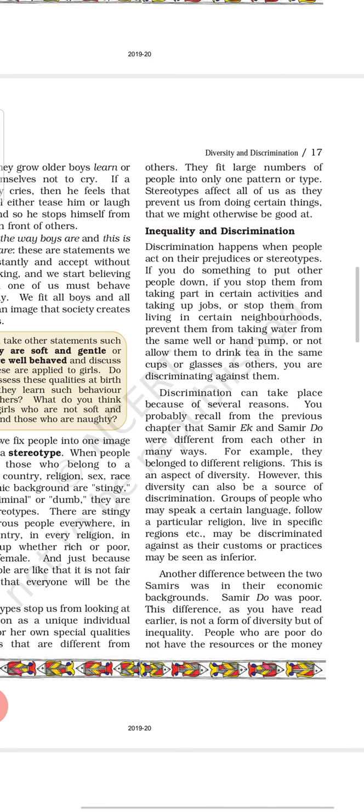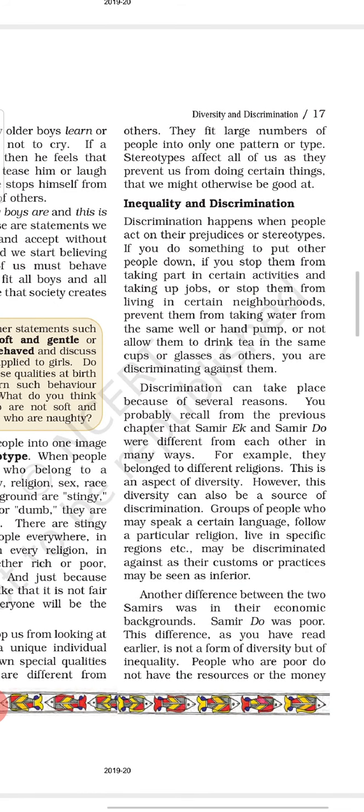If you do something to put other people down, if you stop them from taking part in certain activities and taking up jobs, or stop them from living in certain neighborhoods, prevent them from taking water from the same well or hand pump, or not allow them to drink tea in the same cups or glasses as others, you are discriminating against them. So these are examples of discrimination which you can see in the society. It is still very prevalent.